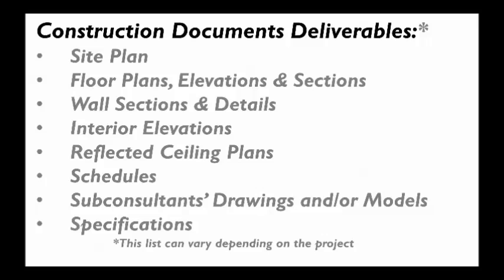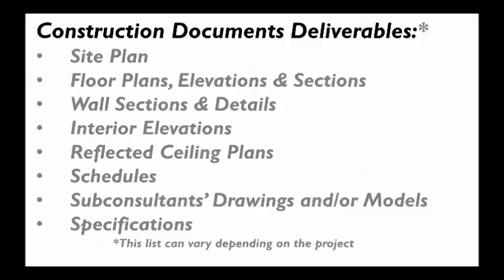Some of the construction documents deliverables that you might include are site plan, floor plans, elevations, and sections. And keep in mind, this is everything that you're going to need to build the project or that somebody's going to need to build the project. So it's basically any and all of those building instructions that you're going to have.